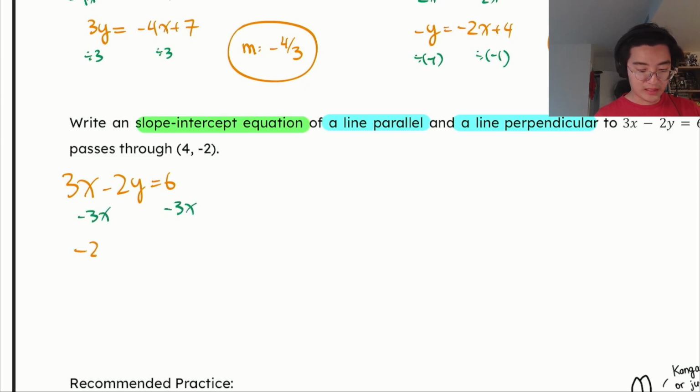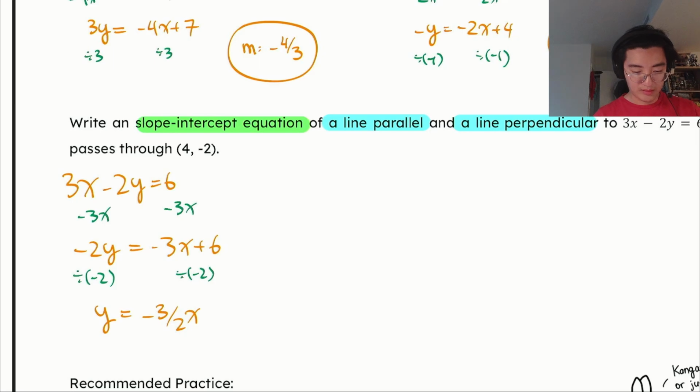We can take away 3x from both sides. Divide everything by -2. Oh, -2, so that's positive 3/2. Okay, so this is our slope intercept form.